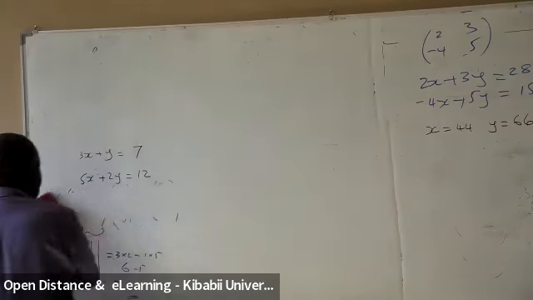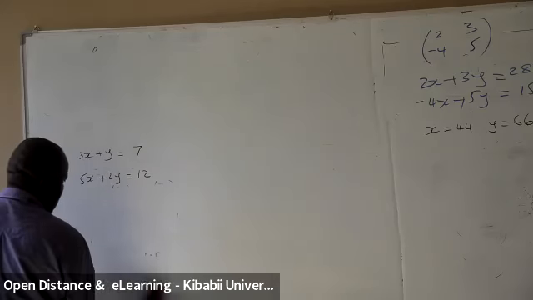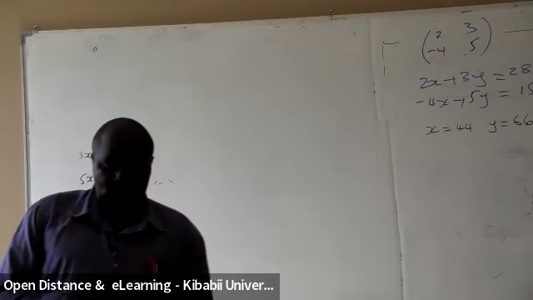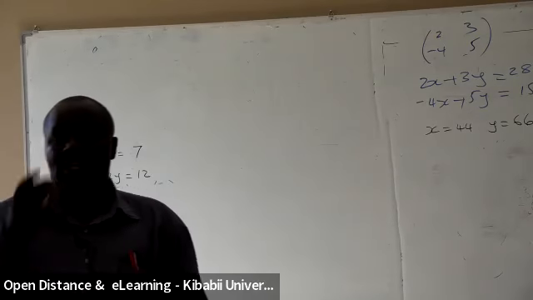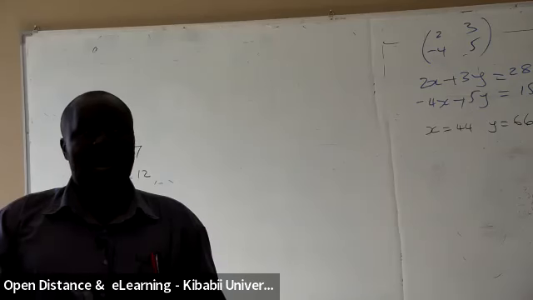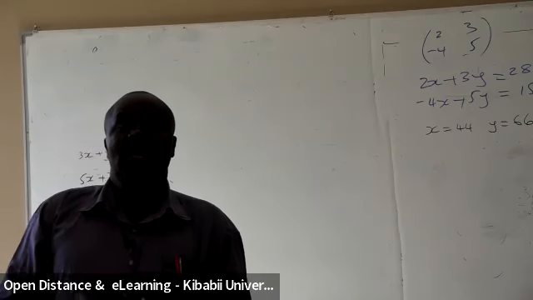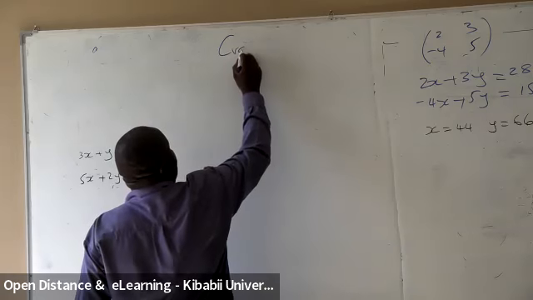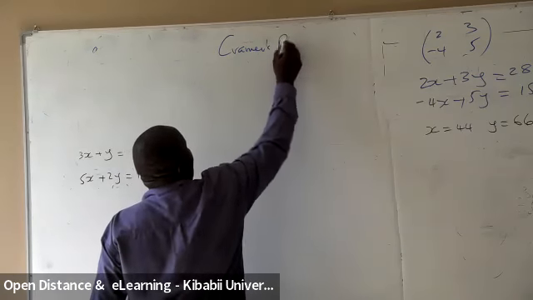Next, we look at Cramer's rule. The alternative way of finding the solutions is by the application of determinants only. And if you use determinants only, this is what is referred to as Cramer's rule.